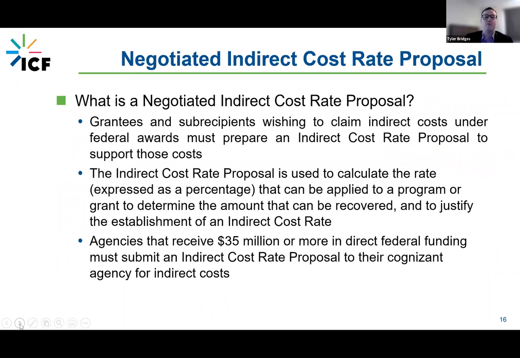The indirect cost rate proposal is used to calculate the rate expressed as a percentage that can be applied to a program or grant to determine the amount that can be recovered and to justify the establishment of an indirect cost rate. Agencies that receive $35 million or more in direct federal funding must submit an indirect cost rate proposal to their cognizant agency for indirect costs.